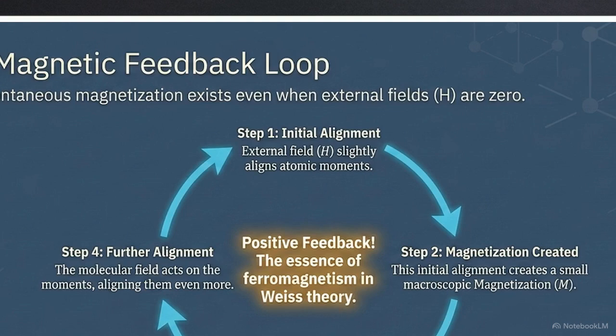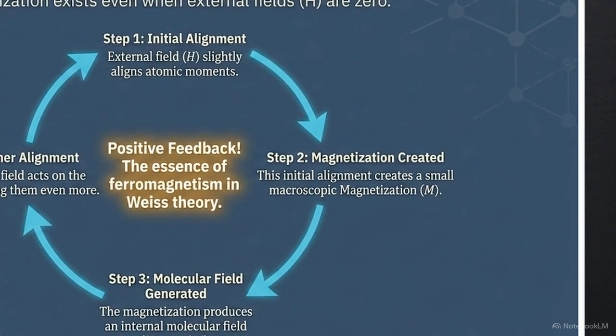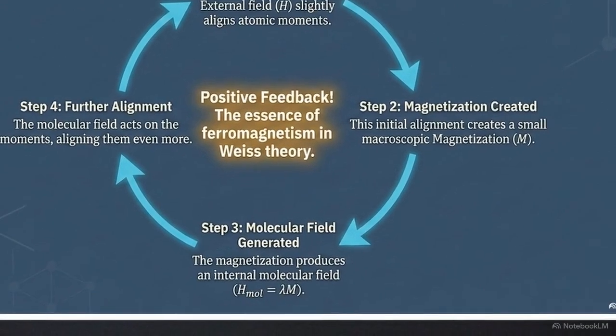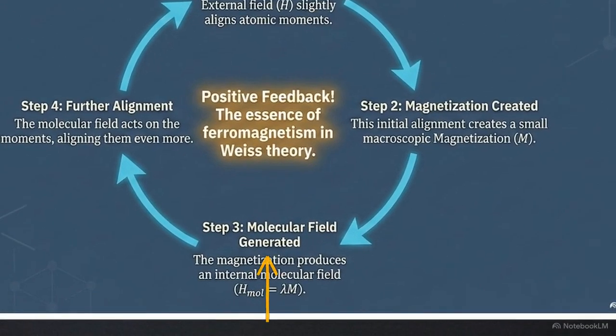This feedback cycle begins when a small external field creates a slight initial alignment of the atomic moments. That initial, localized alignment scales up to create a small, measurable macroscopic magnetization across the material. Dictated by our proportionality rule, the existence of this magnetization automatically generates an internal molecular field. The strength of this generated field is scaled directly by the constant, lambda.